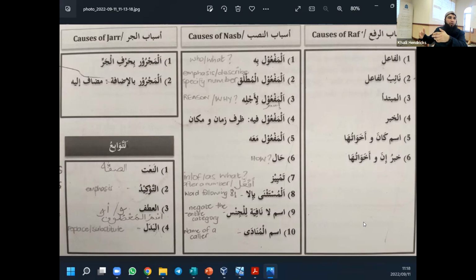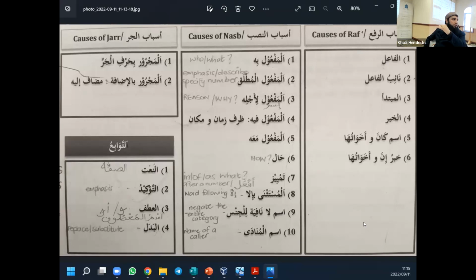Similarly, tawkid, if I want to emphasize a word, right? The original word is not in any specific hal. I can emphasize any word. What if I want to say, those people, ulaika humul faizun. Those people, they are the ones who are successful.